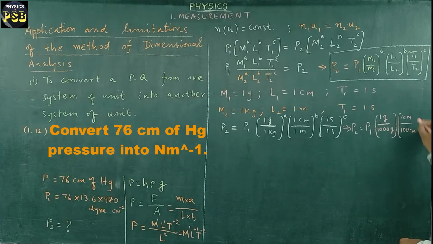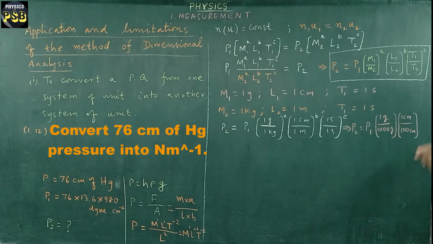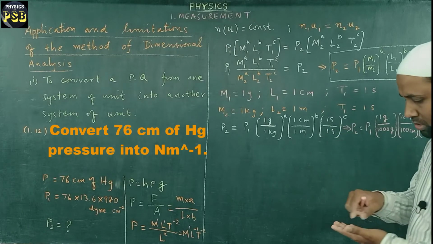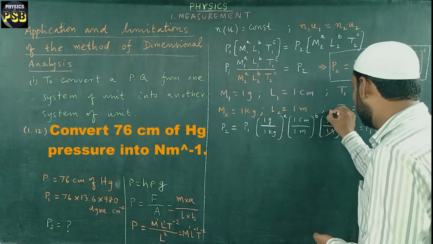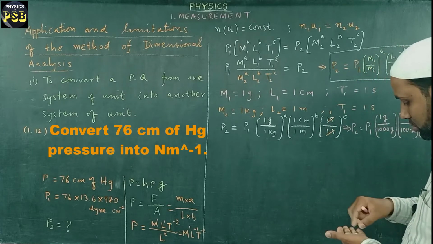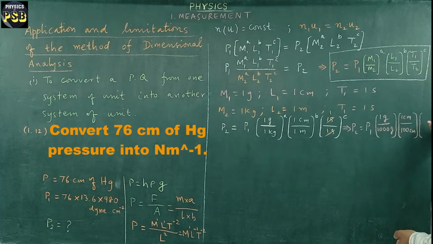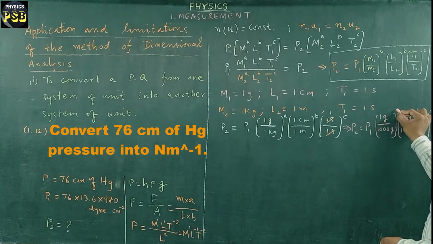Whereas here there is no change: 1 second divided by 1 second is 1. So if you divide these two, you get 1. That I mentioned here, 1, power is C. Here the power is B, and here the power is A.